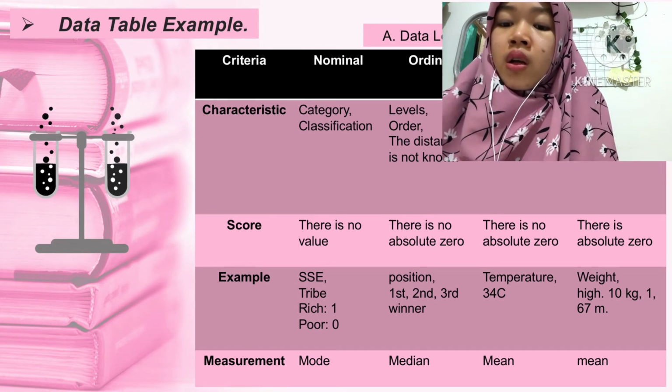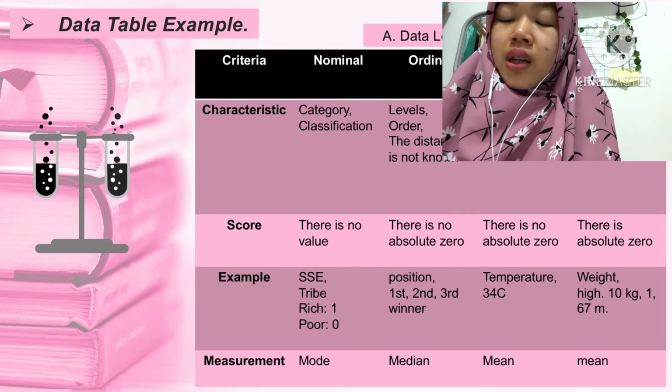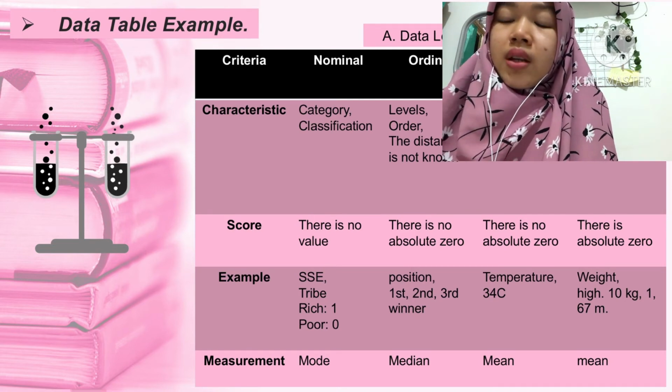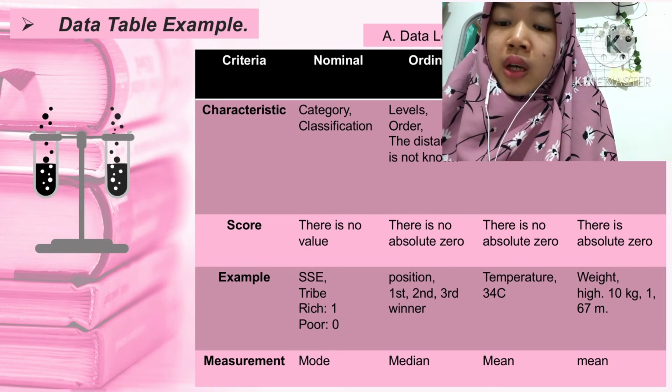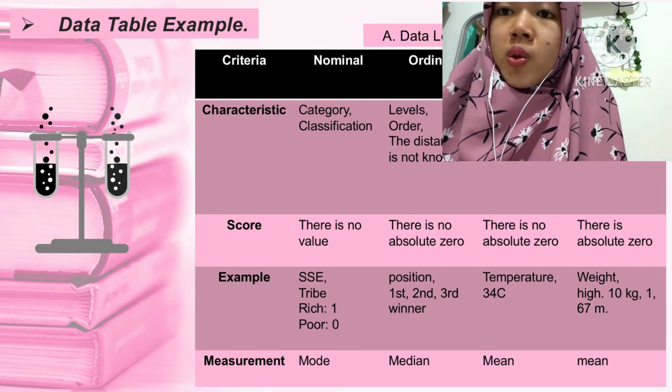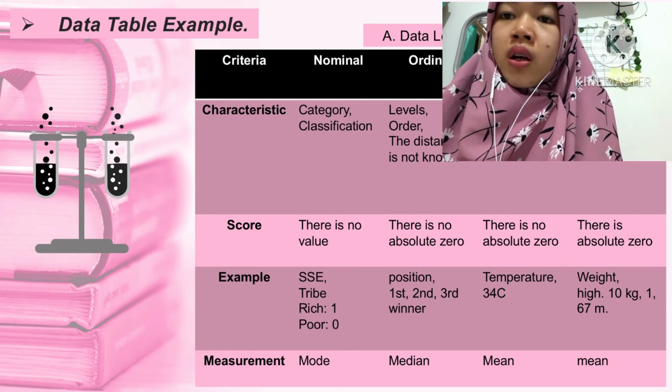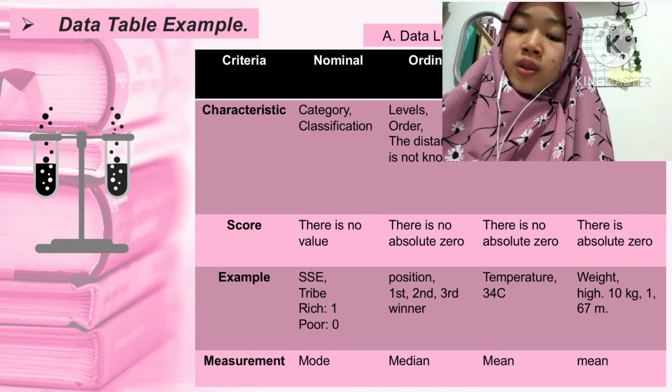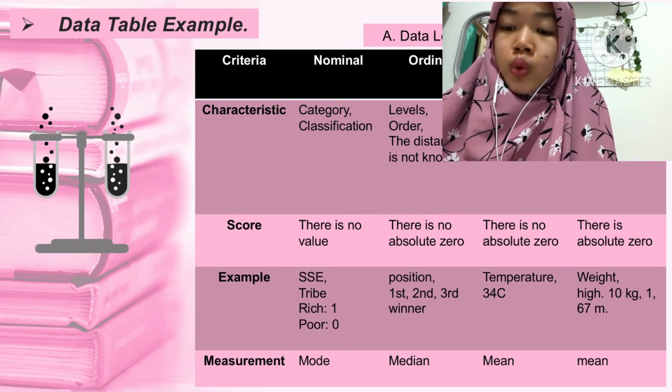The nominal characteristic is a category or classification, the score is that there is no value, and the example is tribe, or suku in Indonesian. For example, rich 1, poor 0, and the measurement is mode.